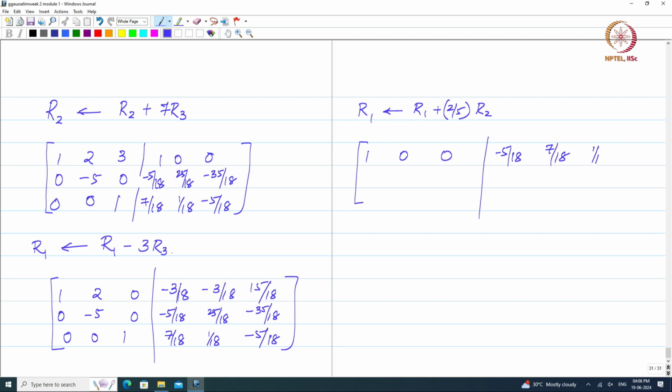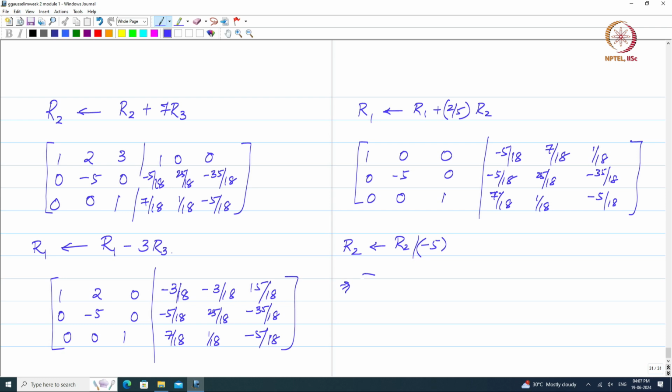Second row 0 minus 5 0, minus 5 by 18, 25 by 18, minus 35 by 18. Last row 0 0 1, 7 by 18, 1 by 18, minus 5 by 18. R2 tends to R2 divided by minus 5.